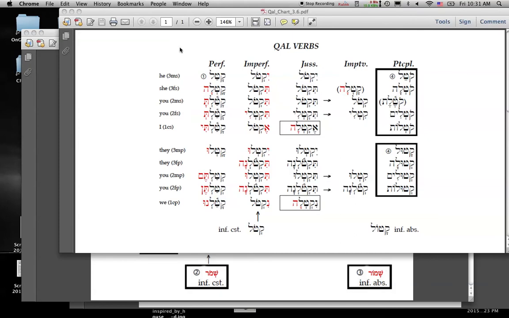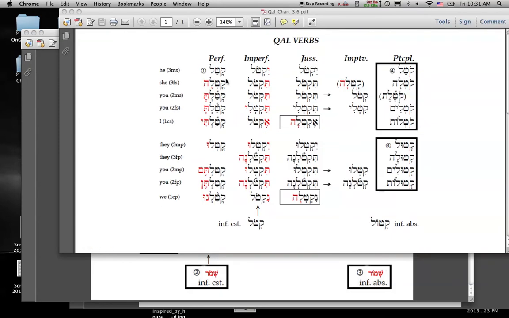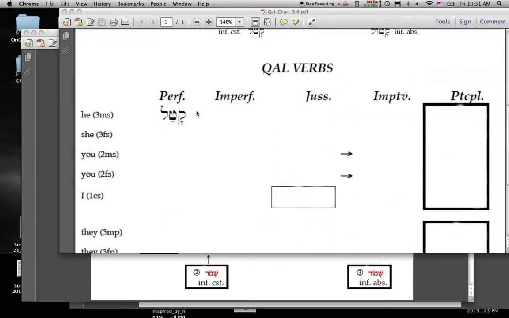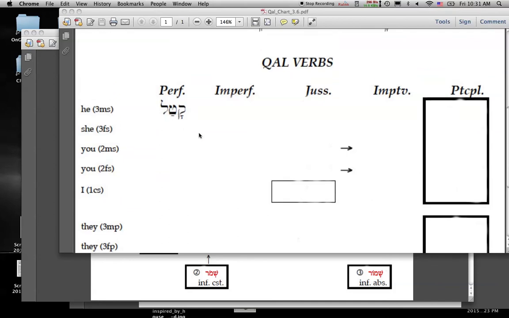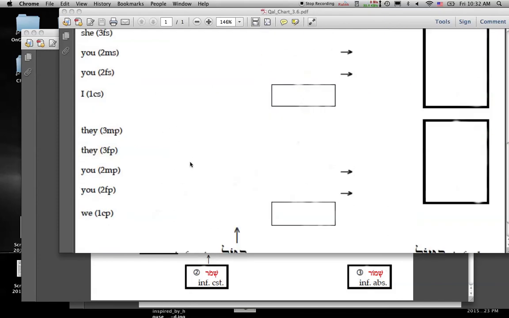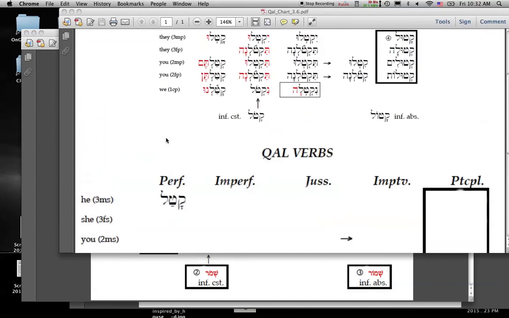What I want you to do is take this chart and replicate it. Write in katal, and if it helps you, write in just the consonants. Don't write in any vowels yet, just katal, katal, katal, all the way through.